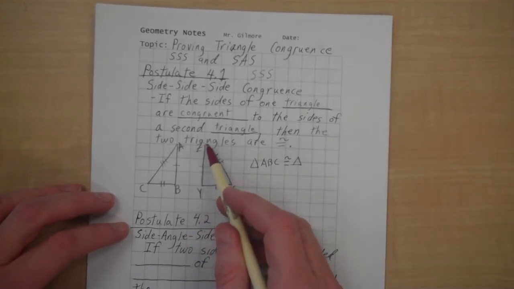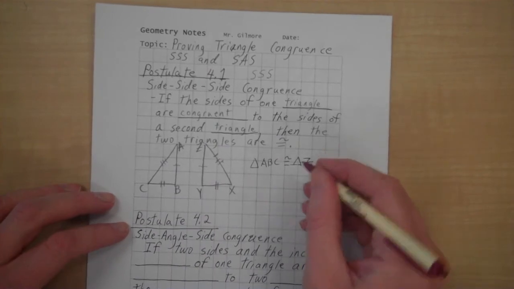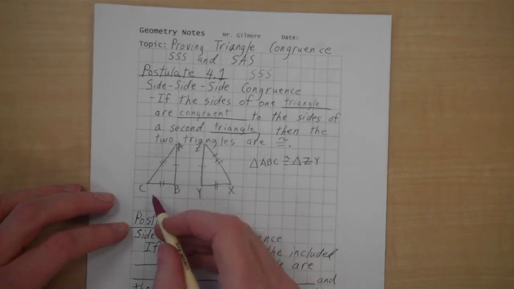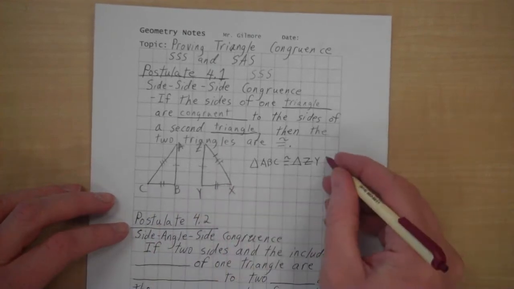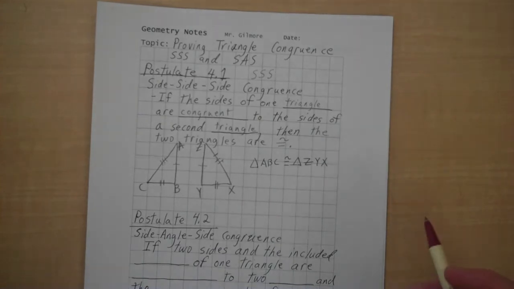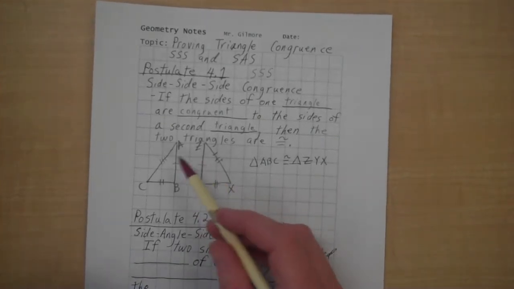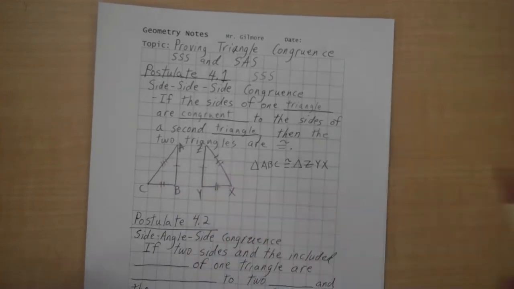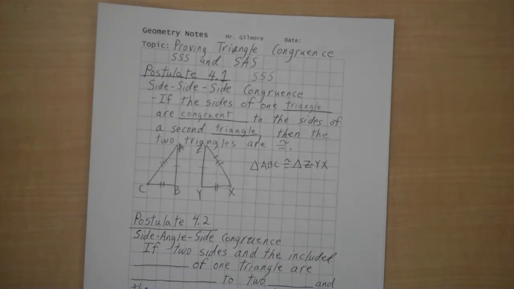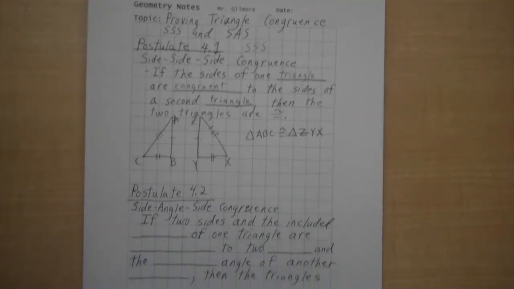A corresponds to Z, B corresponds to Y, and C corresponds to X. Triangle ABC is congruent to triangle ZYX. They are the exact same size. And to show that all the sides correspond and are congruent is enough to show that the two triangles are congruent. That is one postulate.